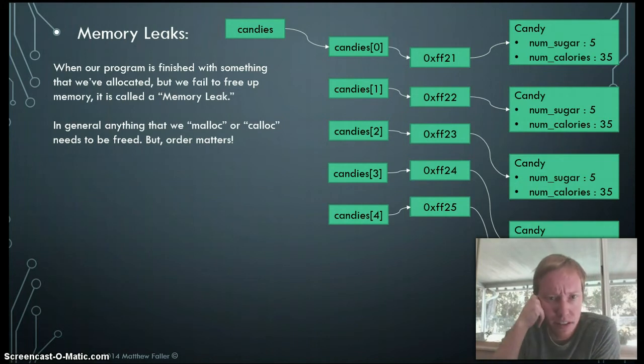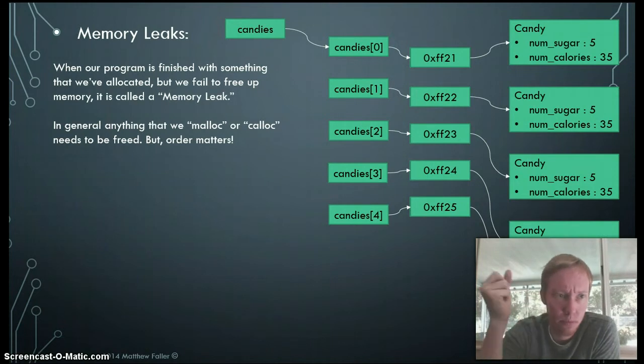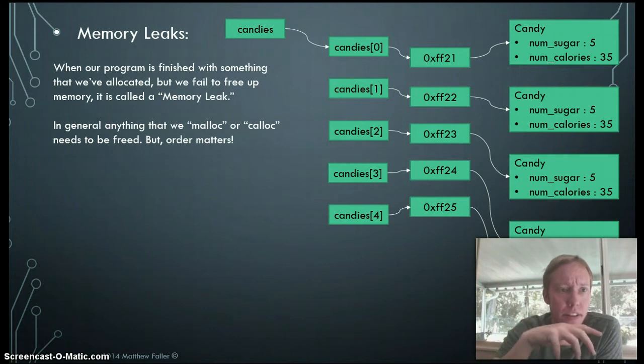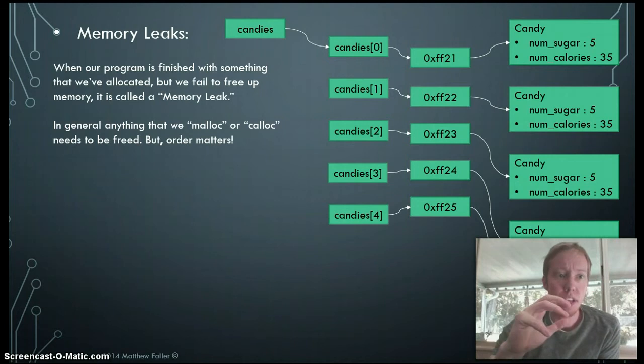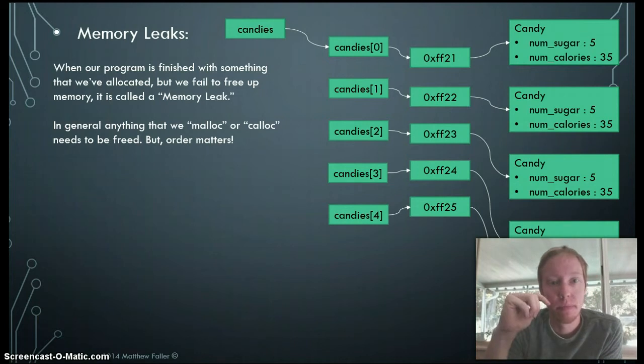Let's say you had a huge program with lots of little chunks of data. When you're finished with that data, but maybe the program's not finished, maybe just a section of it is, and you don't free that data and say it's available for use again, that is basically a memory leak.